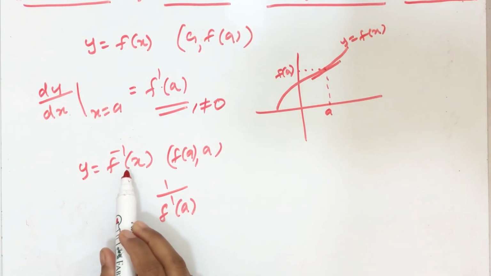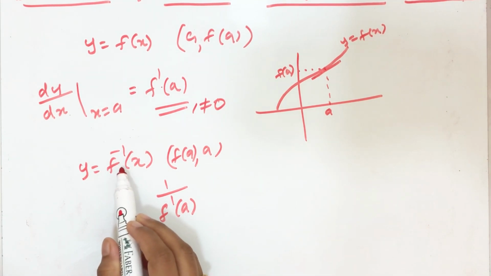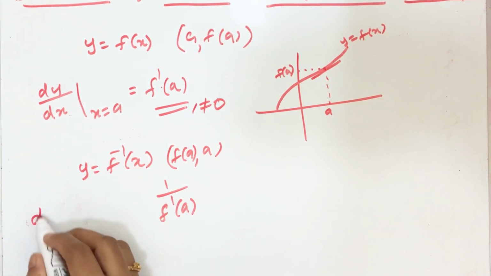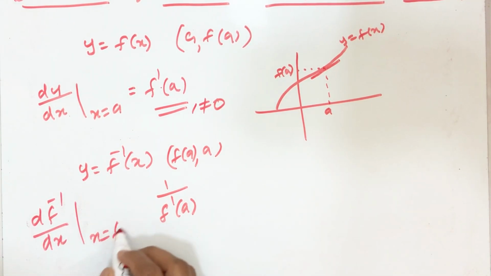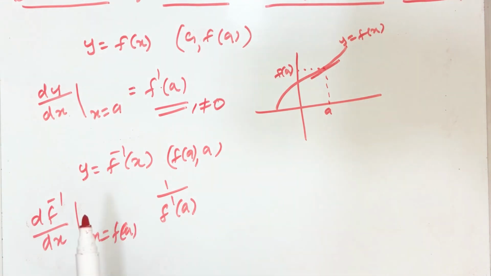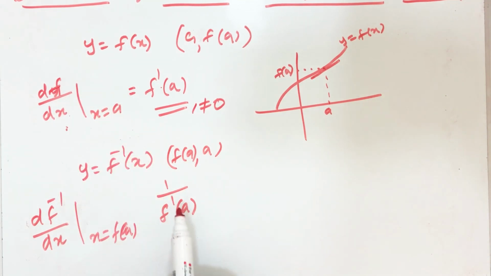Slope of this function f inverse of x is nothing but the derivative of f inverse at x is equal to f of a. We can say df inverse by dx at x is equal to f of a. So we can say the derivative of f inverse at f of a equals the reciprocal of the derivative of f at a. This is the derivative of f at a.